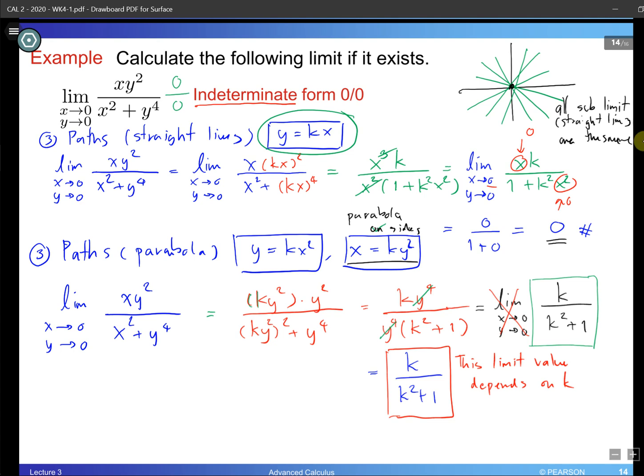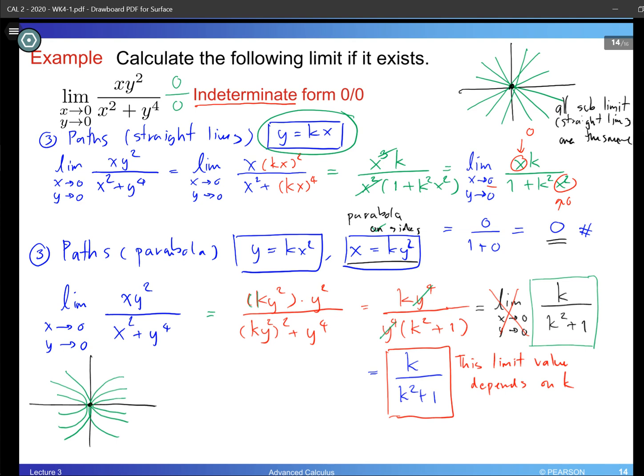What we just tried right here is to use the parabolas on the side to approach the origin. And along these, they have different k's. So we try these to approach the origin.